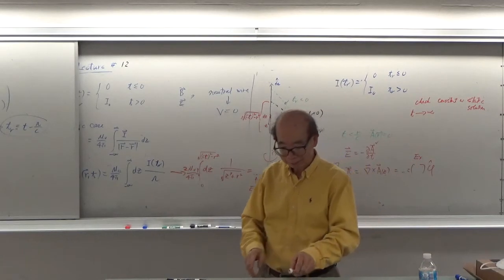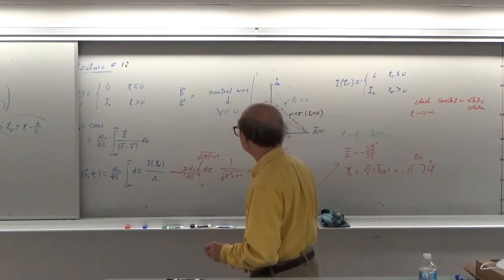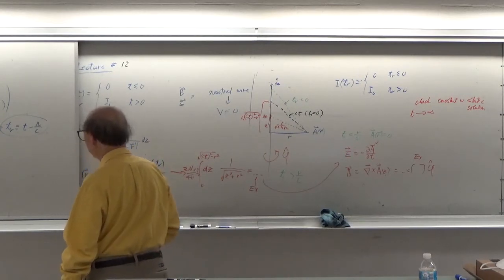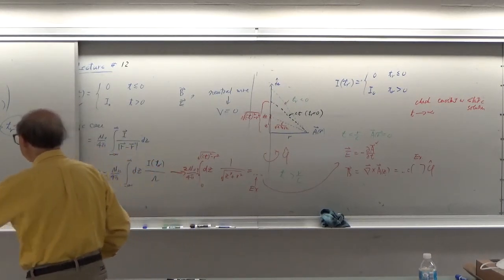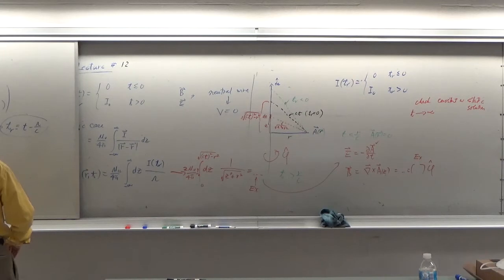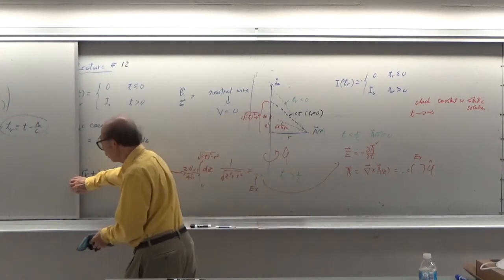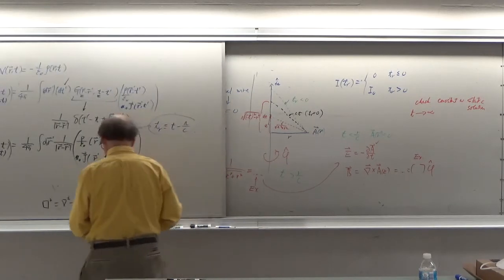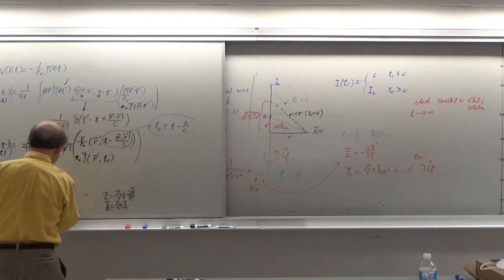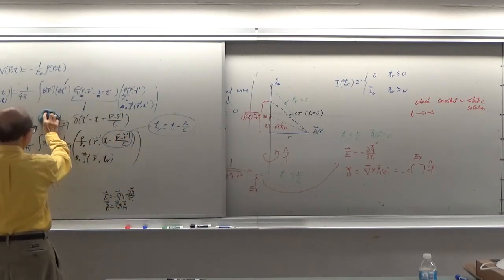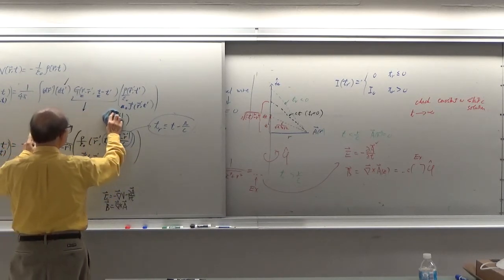All right. So now that we have this, it's important for me to keep this here. And I can now erase this. And this I have to keep. And this I erase.